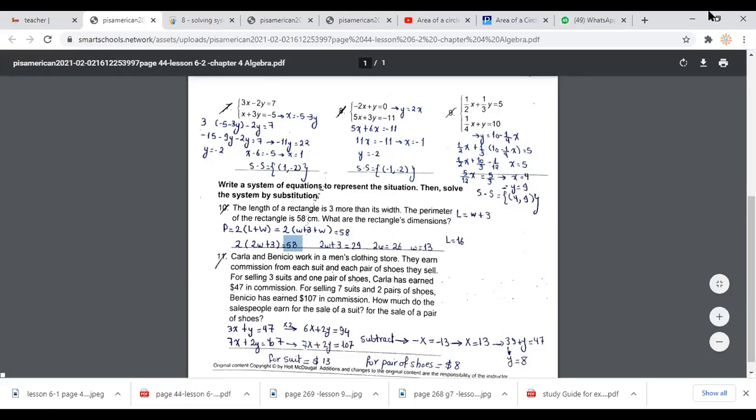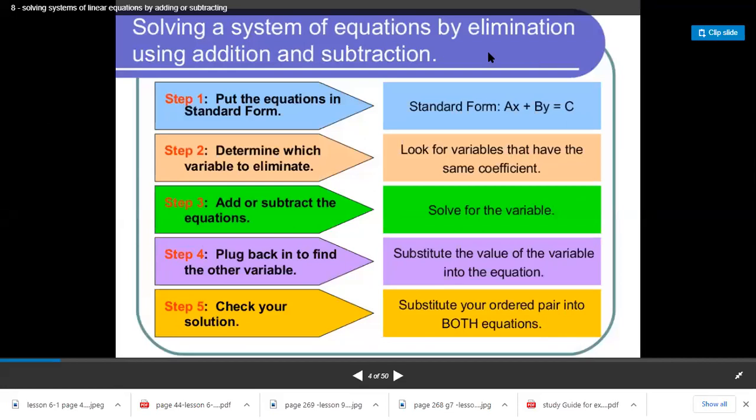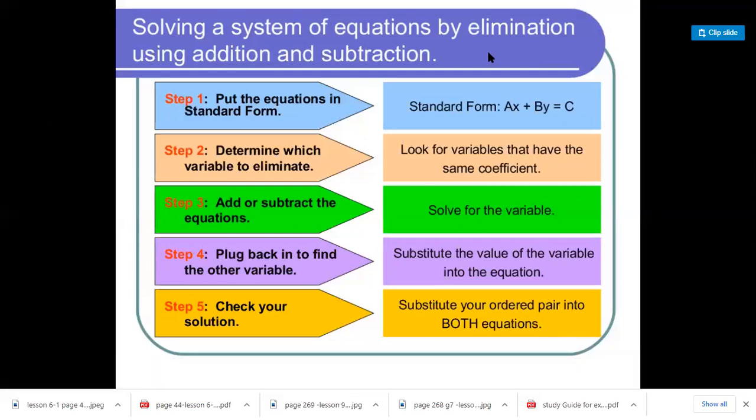Grade 9, 2 different ways, by adding and subtracting and by multiplication and division. So as you see now, you can see my screen, right? Yes. So we have 5 main steps.